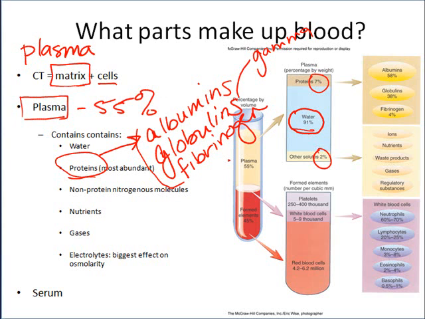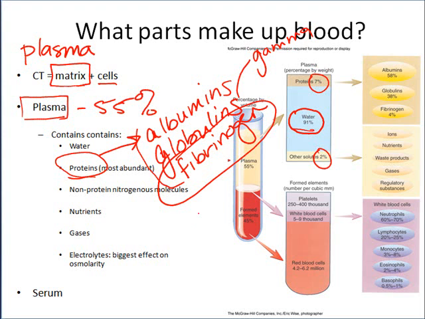Now, this fibrinogen component of the plasma, I said, is the precursor for blood clotting. If we allow blood to clot, let's say you withdraw some blood from a patient, you put it into a vial, and you let that vial sit for a period of time, stasis or non-movement of the blood will induce clotting of the blood.